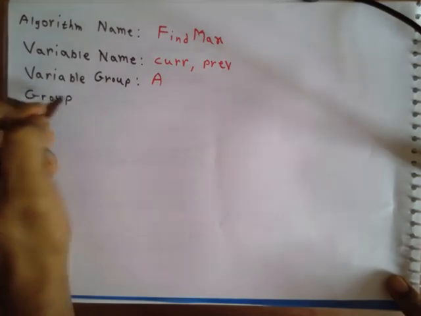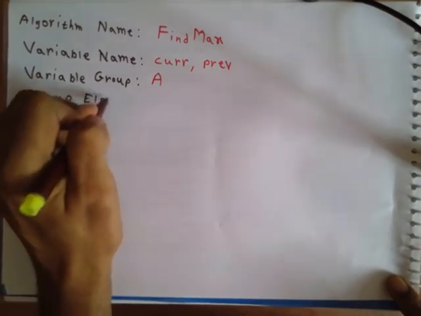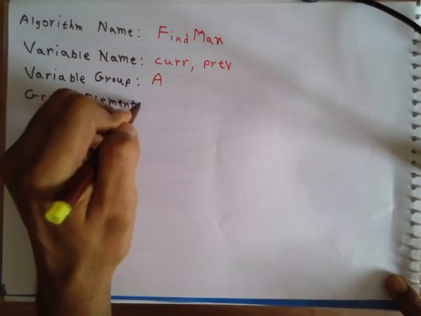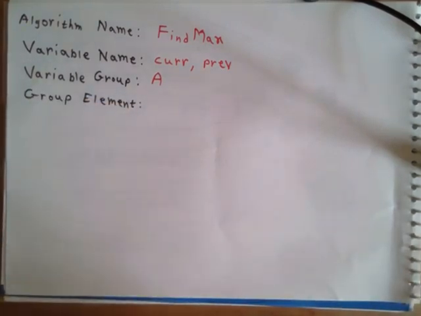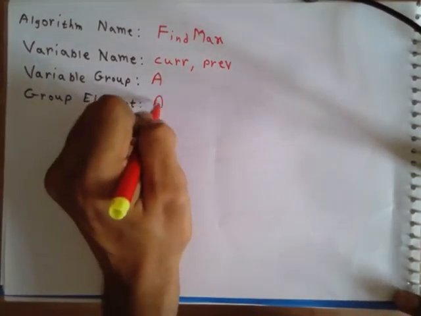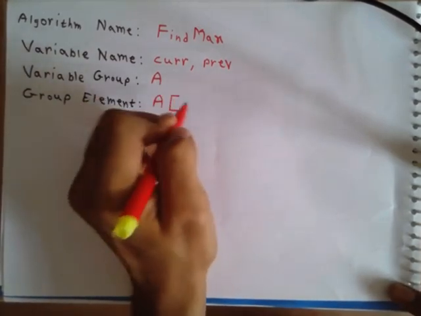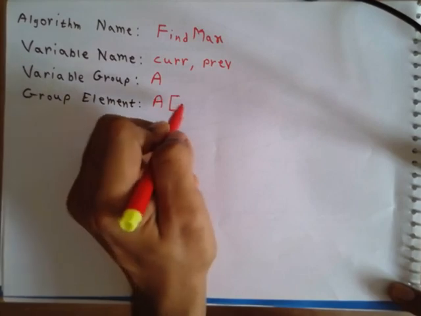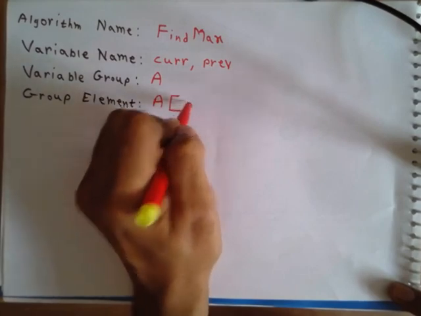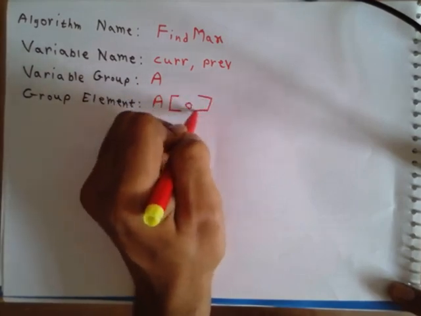To access a group element, the notation is first you give the group name A, followed by the opening bracket and then the index. So if I'm accessing, say, the 0th element of this group, it is A[0].